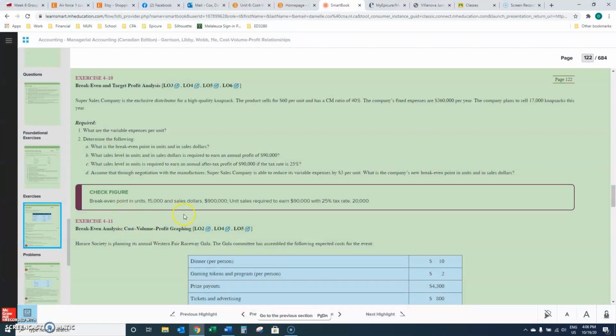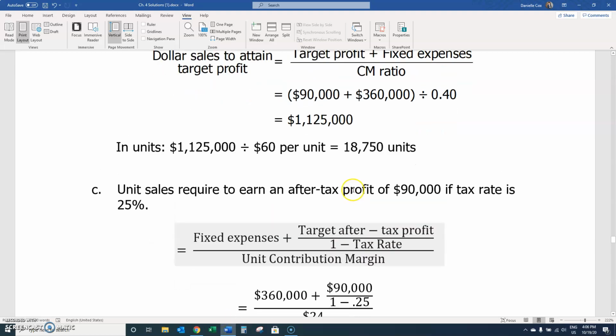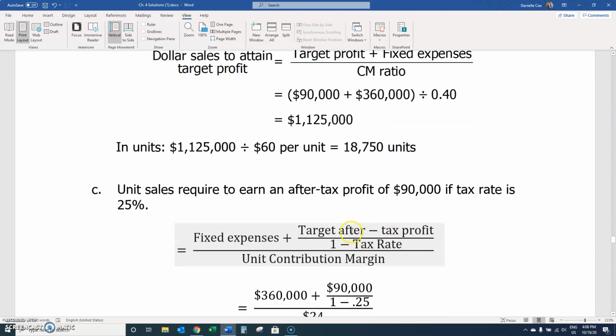What sales level in units is required to earn annual after-tax profits of 90,000 if the tax rate is 25%? So it's the same idea, fixed expenses plus your target profit over the contribution margin, but you have to take into account your tax here.